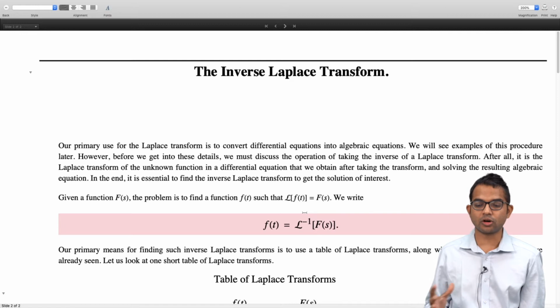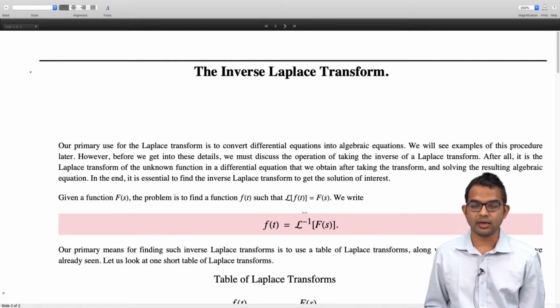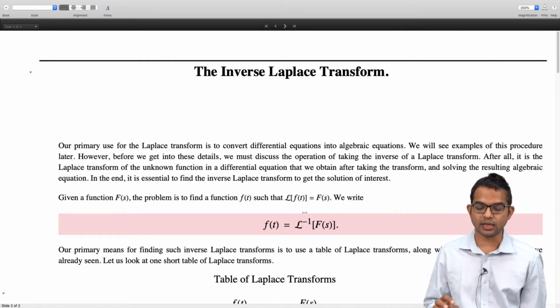So we don't have a formal approach here, but rather a lookup approach. There is an extensive collection of Laplace transforms of various functions which has been made up, but we will look at a very simple table based mostly on our own direct evaluation of some of them, but also there are other types which we have put in.